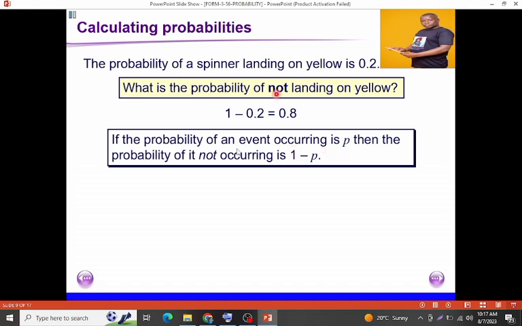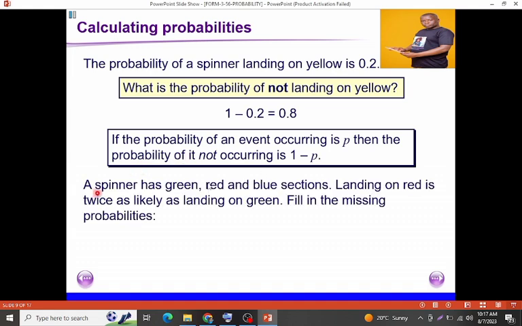Then the probability that it's not a head is going to be 1 minus half, because the probability that it is a head is 1 over 2. That means the probability that it is not a head is going to be 1 minus half, which is also half, representing a tail.